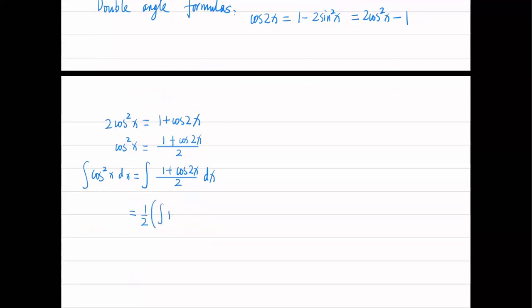The integral of the addition is the addition of the integrals. First one easy. I will put the c later, but before that, let's figure out an antiderivative for cosine 2x.